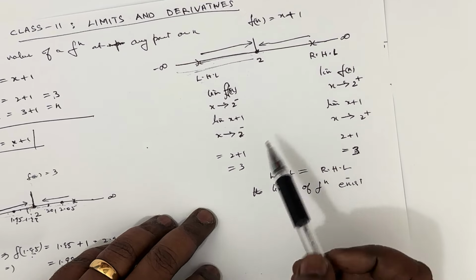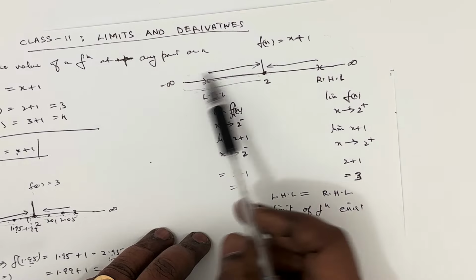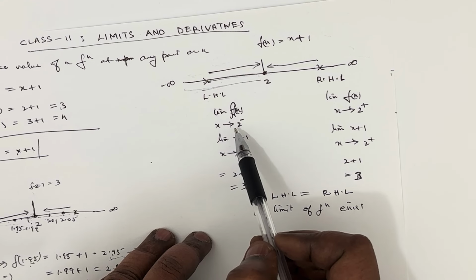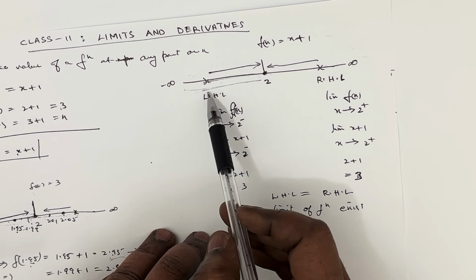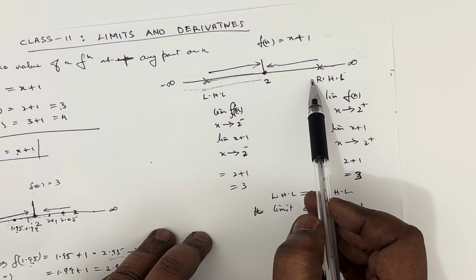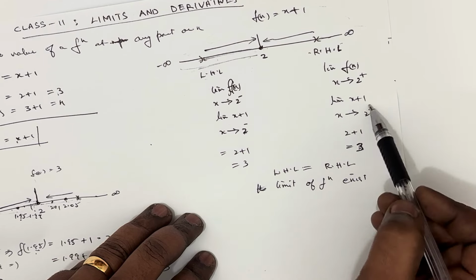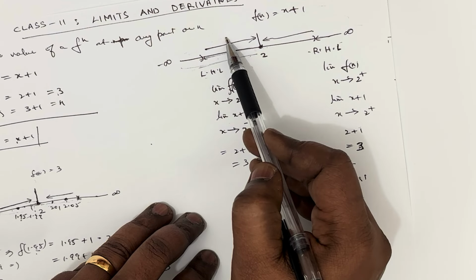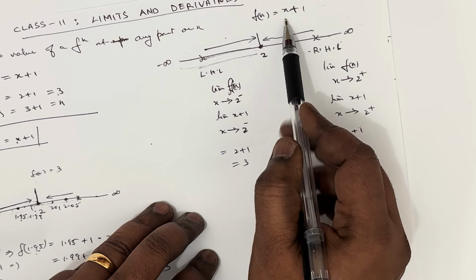Since this function is defined for the whole number line, showing the left hand limit and the right hand limit separately is not required, because both values are the same for this function. You'll be putting the same values in the function.